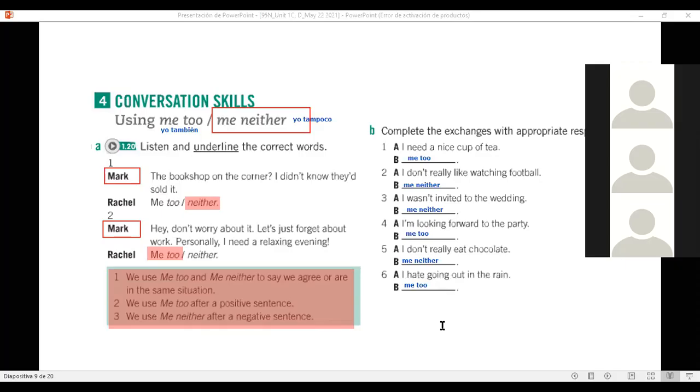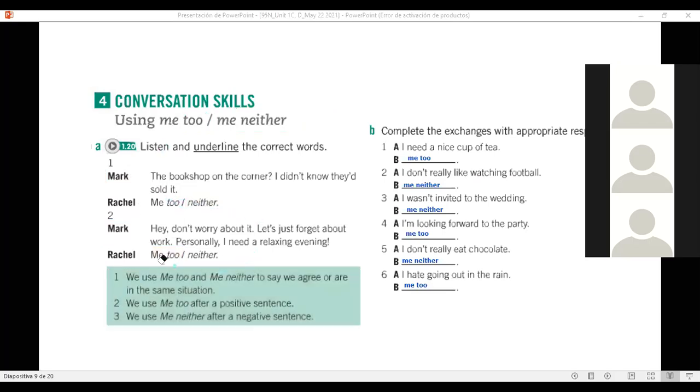Yes, I hate going out in the rain. Me too. Perfect, guys. Thank you. Up to this point, is it clear the difference between me too and me neither? Or do you have some questions about it? ¿Preguntas o dudas sobre el uso del me too o me neither?